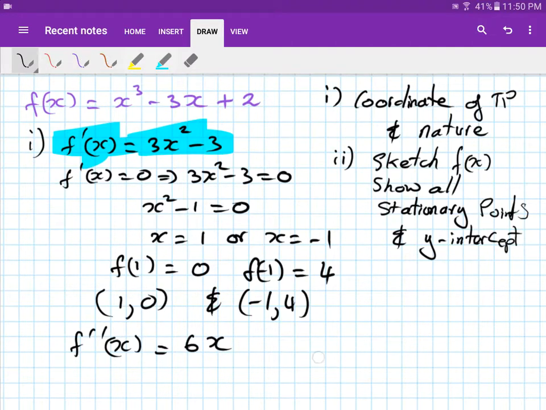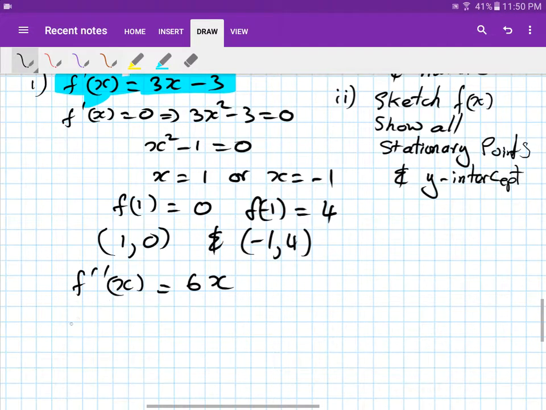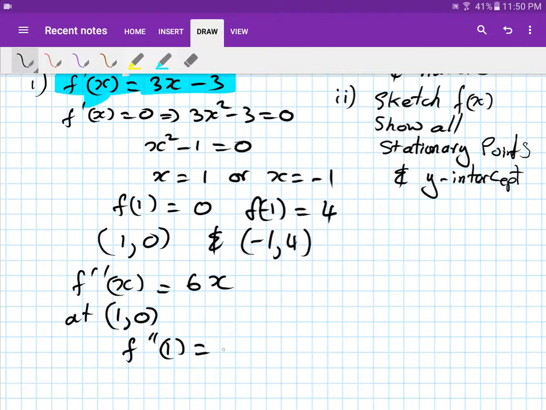Okay, so now at (1, 0), f double dash 1 equals 6 times 1 is 6, which is greater than 0, therefore minimum. Okay, minimum turning point at (1, 0).